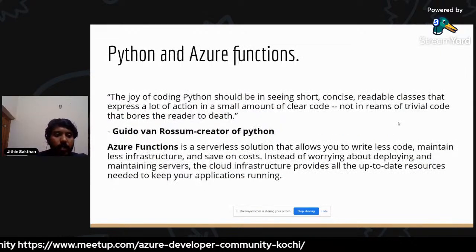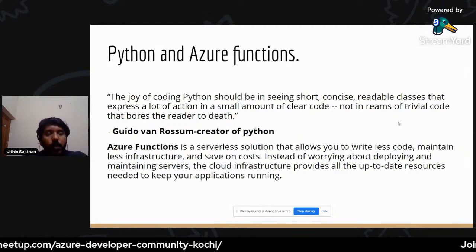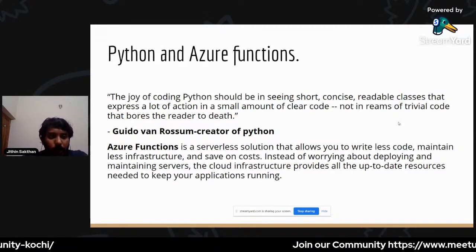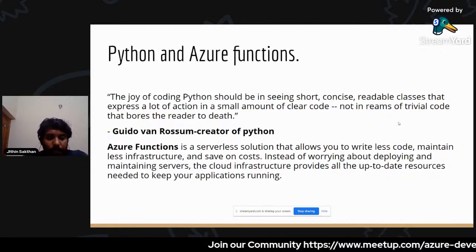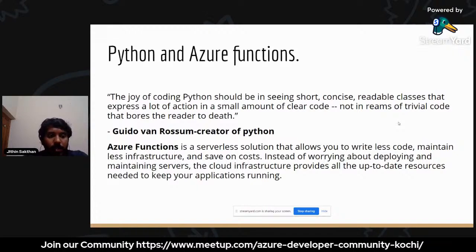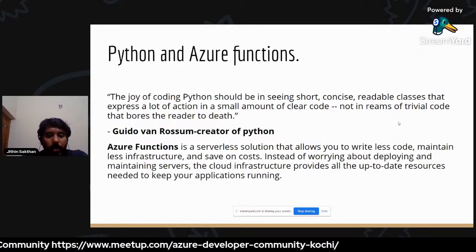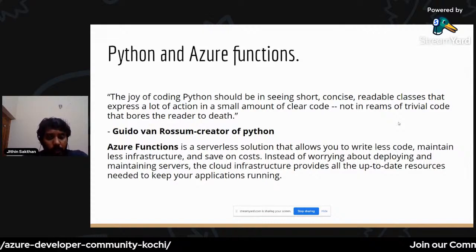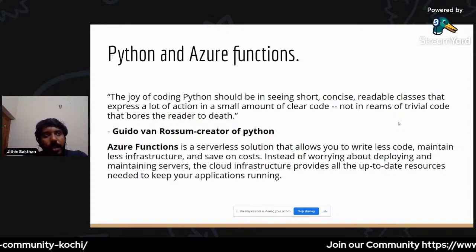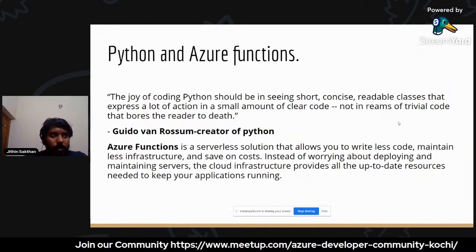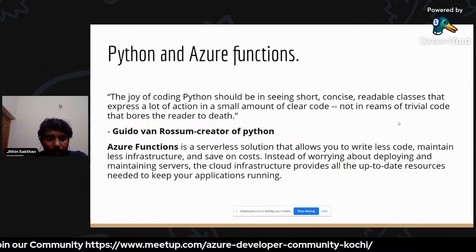Okay, so coming to Python. I think everybody knows about Python, right? There is a famous quote by the creator of Python, stating that the job of code in Python should be using short, concise classes, a small amount of clear code. So it shows that it's a simple language with clear code, less code, and great things.